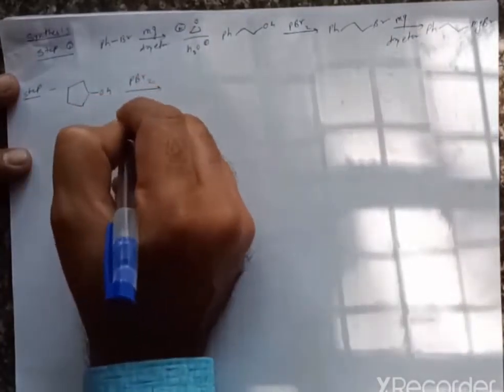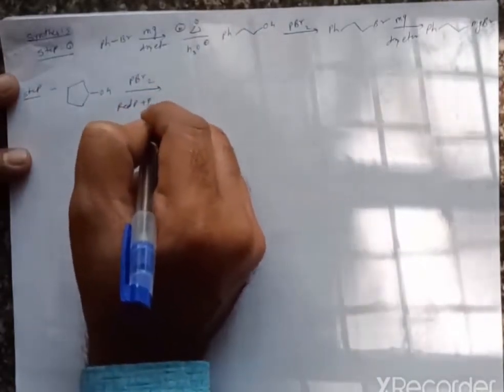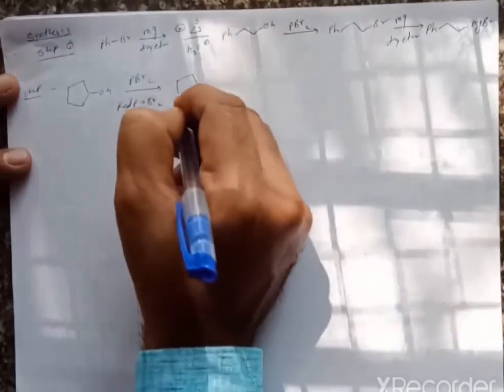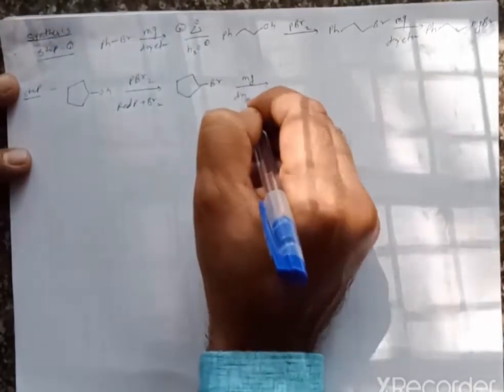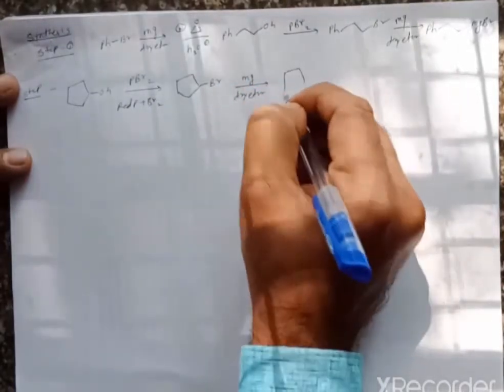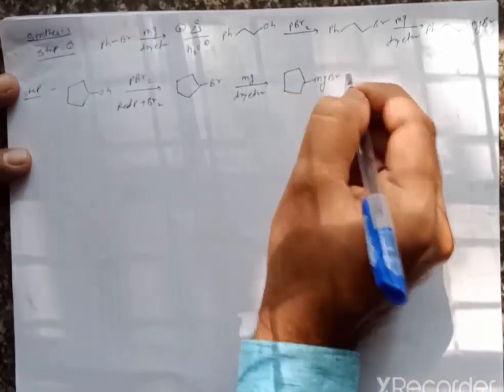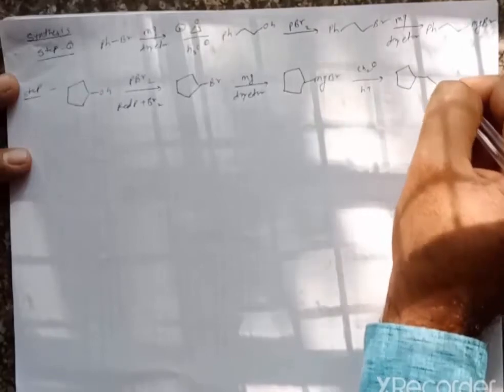When the cyclopentanol is treated with PBr3, that is red phosphorus plus bromine, it gives formation of cyclopentyl bromide, and then this cyclopentyl bromide will be treated with magnesium in presence of dry ether, it gives formation of cyclopentyl magnesium bromide, and then the cyclopentyl magnesium bromide will be treated with formaldehyde in presence of acid, it gives formation of an alcohol with one more carbon, that is OMgBr, and then when we treat this molecule with ammonium chloride, it gives formation of a cyclopentyl alcohol, right?